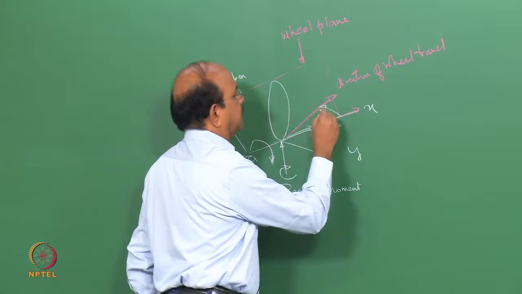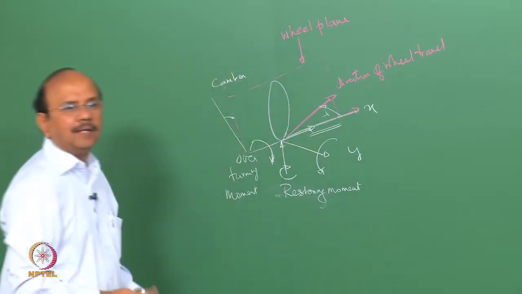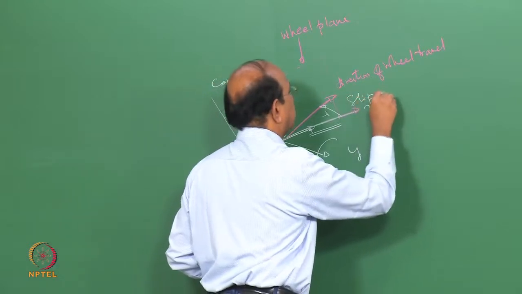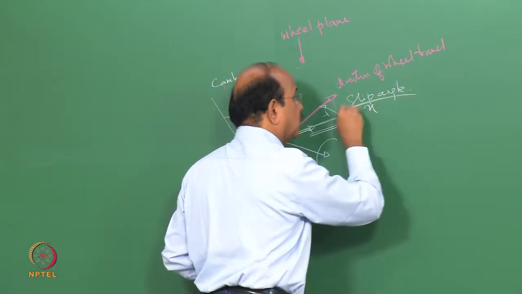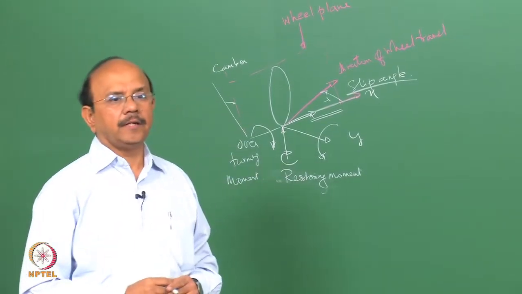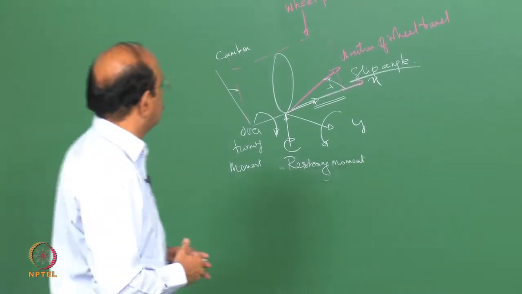Let's say that this is lambda or alpha, and that angle is what is called the slip angle. Why is it so? We will see that in a couple of lectures.